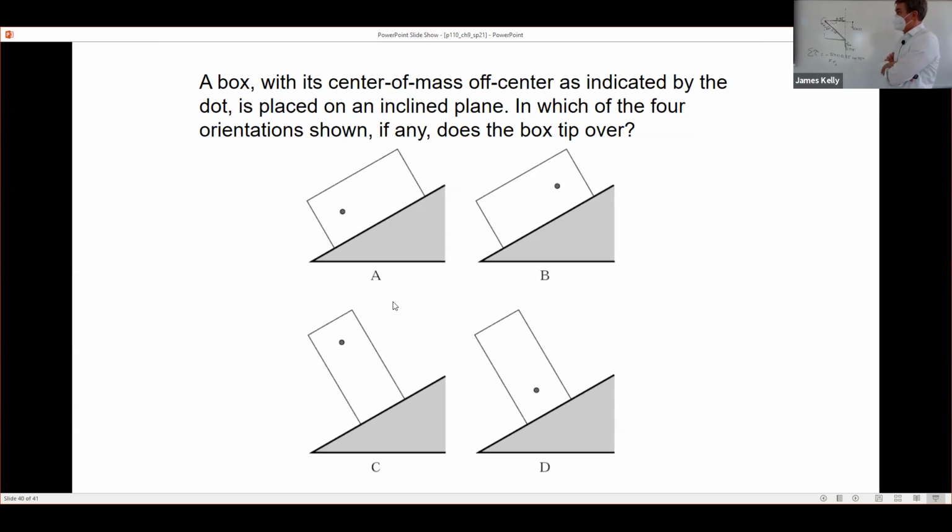If the center of mass is where the dot is, in which of the cases, A, B, C, or D, and you can choose more than one, is the box going to tip over, or where will it be stable? Assuming it's not sliding, maybe the plane is grippy enough that it won't slide down the plane. But still, might it fall over in some of the cases?